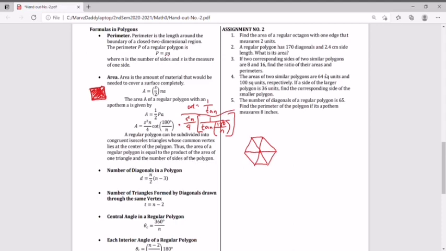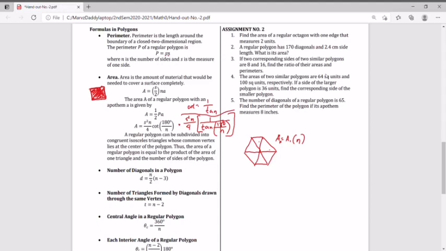So 1, 2, 3, 4, 5, 6 ka isosceles triangles. So ang area kuno niya, the total area of the polygon, is area of one triangle times the number of sides. So isa ka triangle times pila ka sides, 1, 2, 3, 4, 5, 6. That is now the area of the polygon.